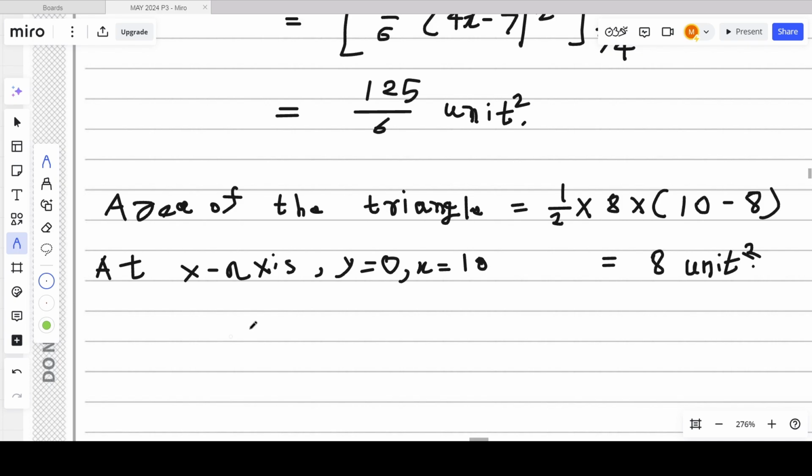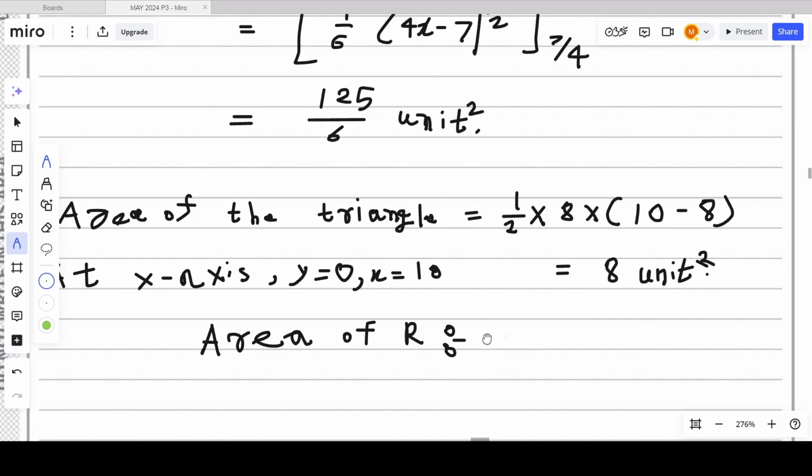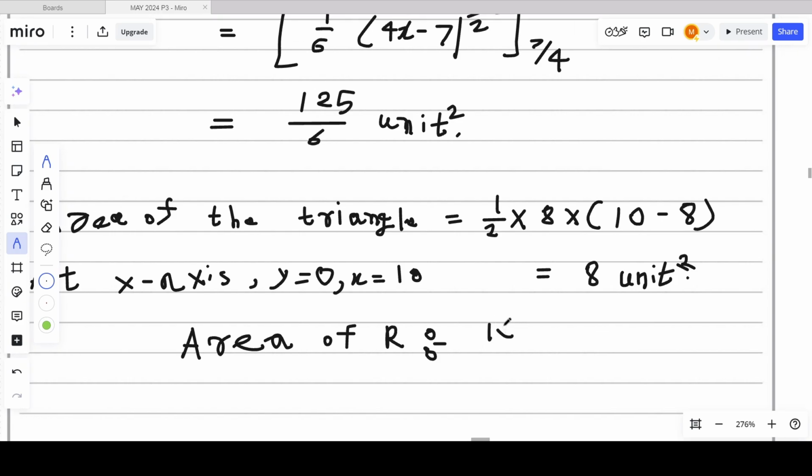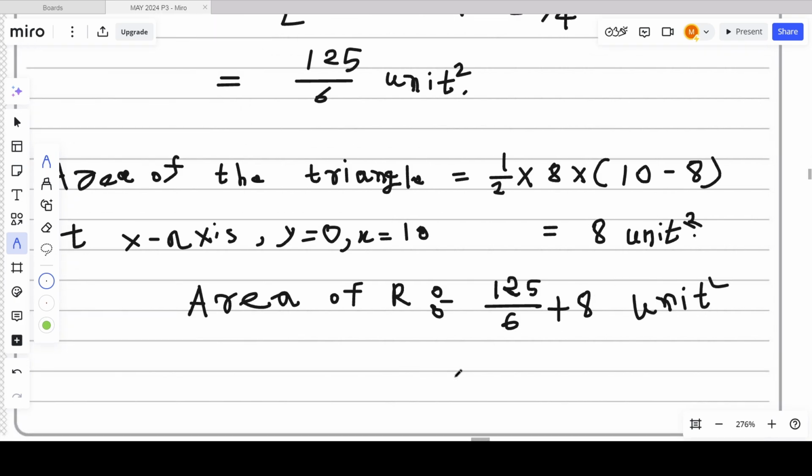So area of region R, we need the area of region R, right? What that should be? The sum of the two areas, right? Because we split the area into two parts. So 125 over 6 plus 8, that much unit squared. Okay, so what would be the value? Use your calculator to add up the sum.